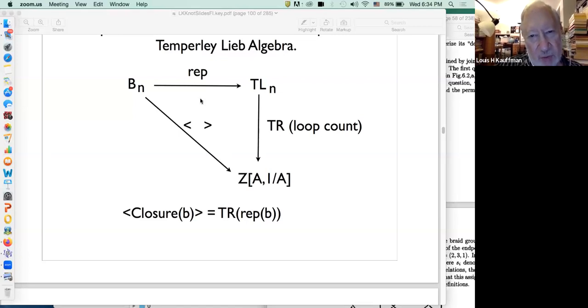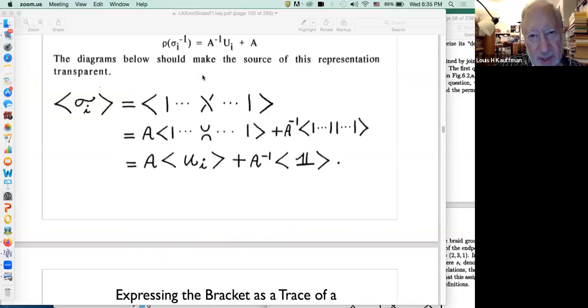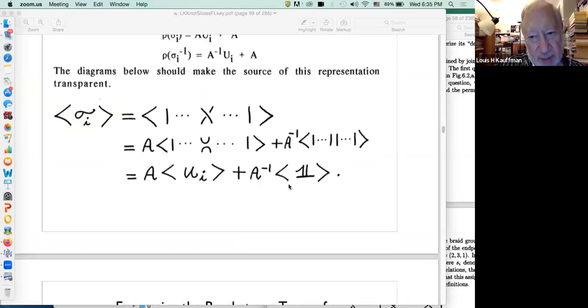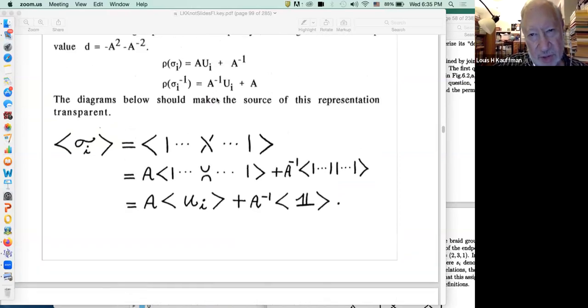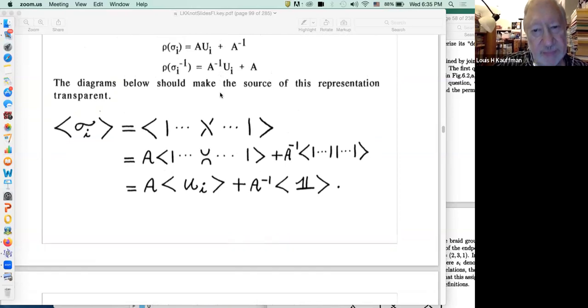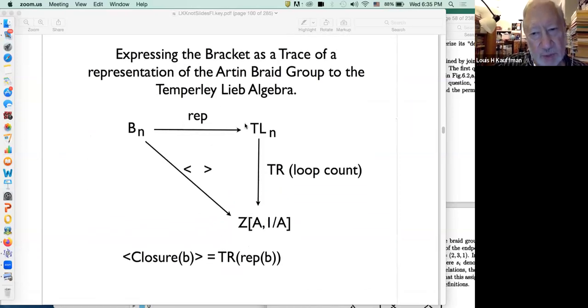We can represent it the way I told you, like this: A times Ui plus A inverse times the identity for the sigma i, and the inverse will have the A and the A inverse reversed. That gives a representation of the Temperley-Lieb algebra.